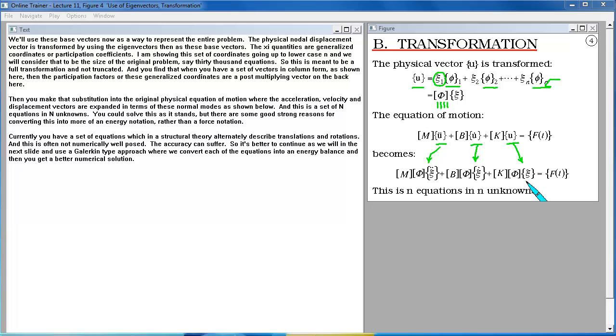Currently you have a set of equations which in a structural theory alternately describe translations and rotations, and this is often not numerically well posed. The accuracy can suffer. So it's better to continue, as we will in the next slide, and use a Galerkin type approach where we convert each of the equations into an energy balance, and then you get a better numerical solution.